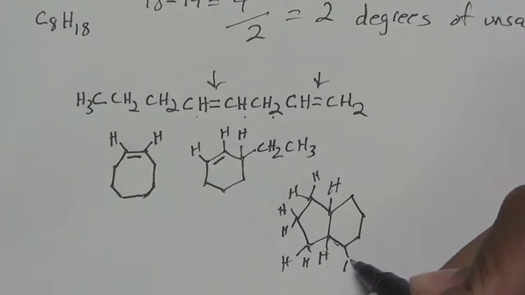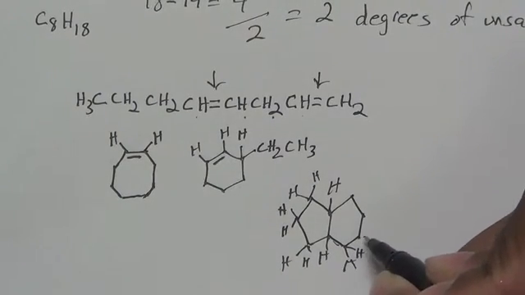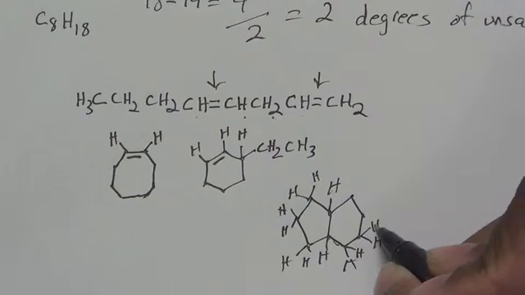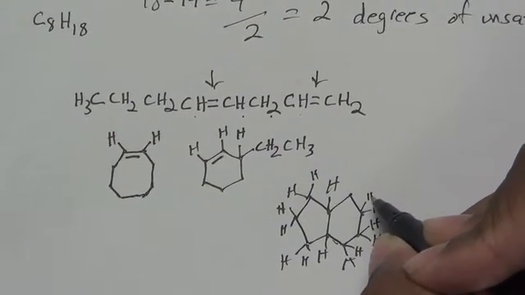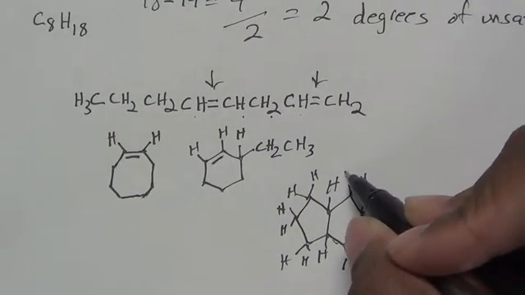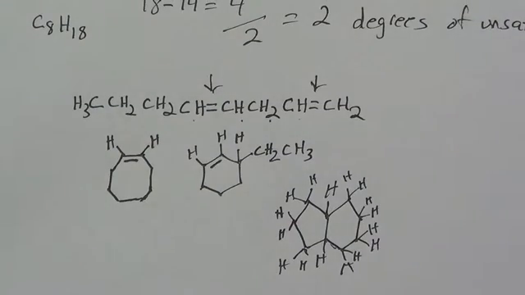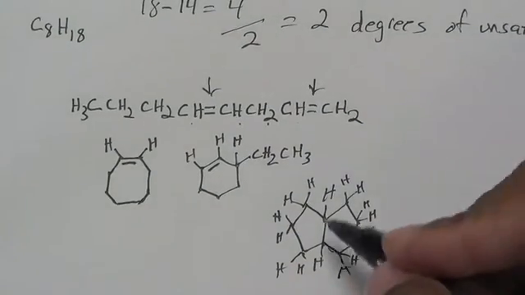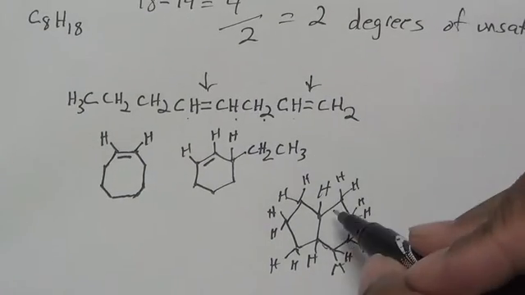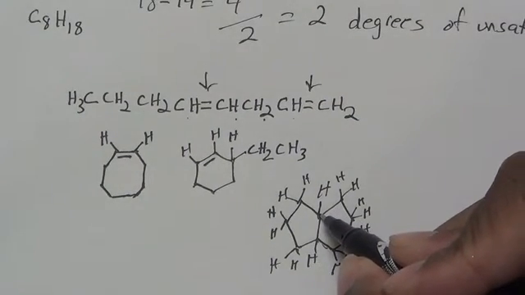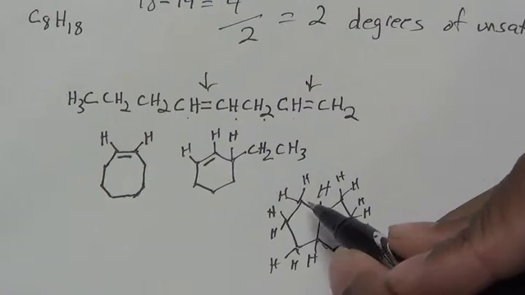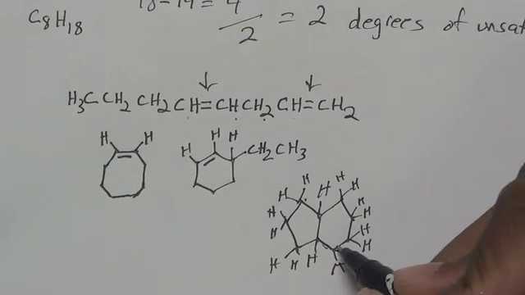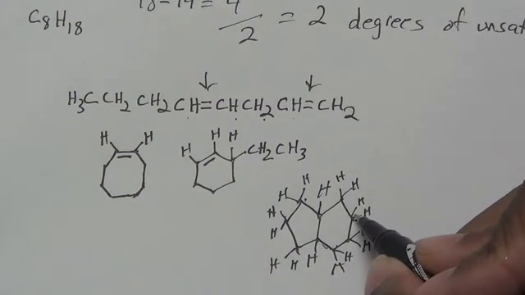Since we have 8 carbons, with these degrees of unsaturation, we have 2 rings. So let's look at this. Count our carbons. This is one carbon here at this joint. 1, 2, 3, 4, 5, 6, 7, 8.